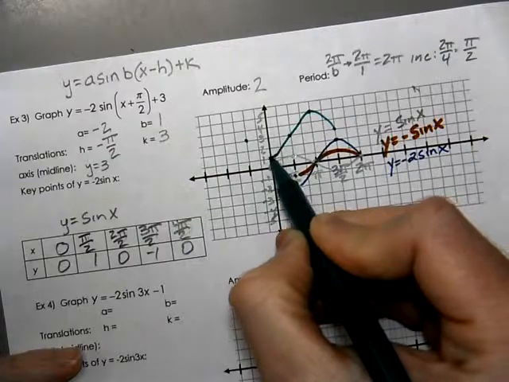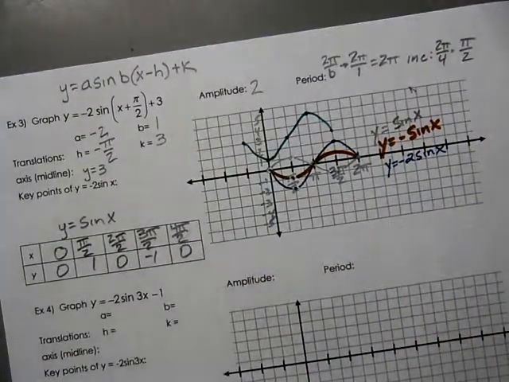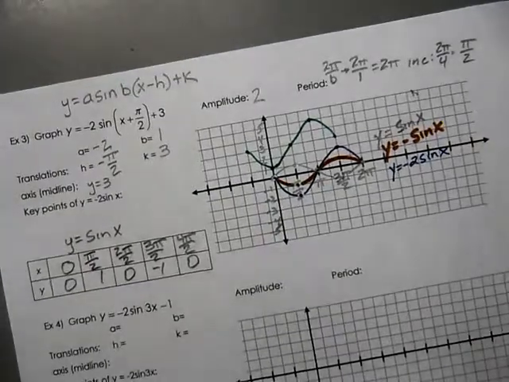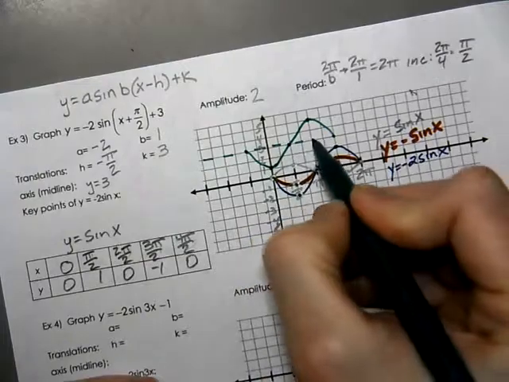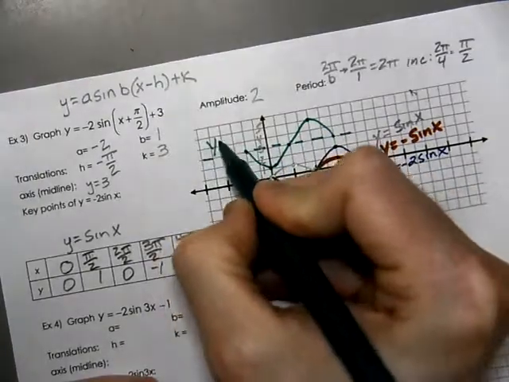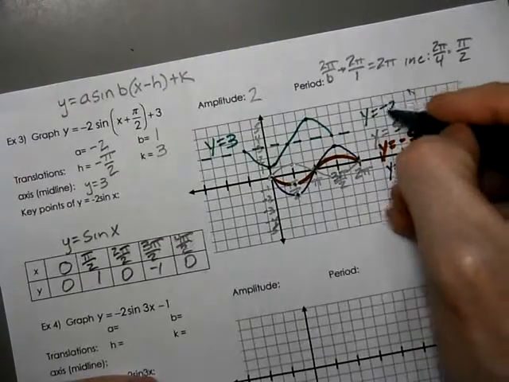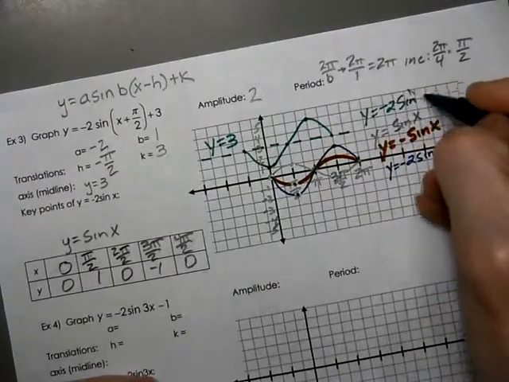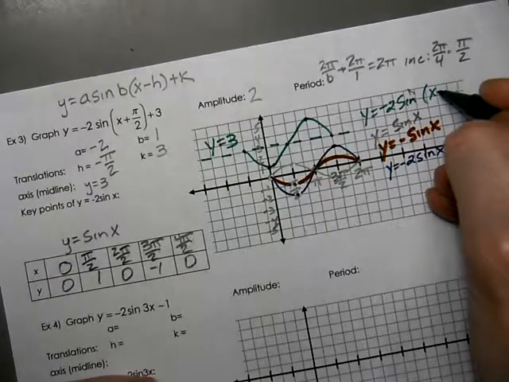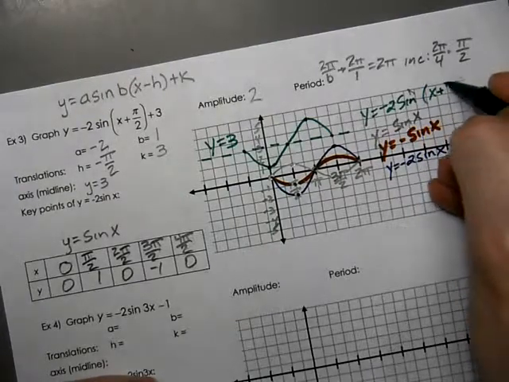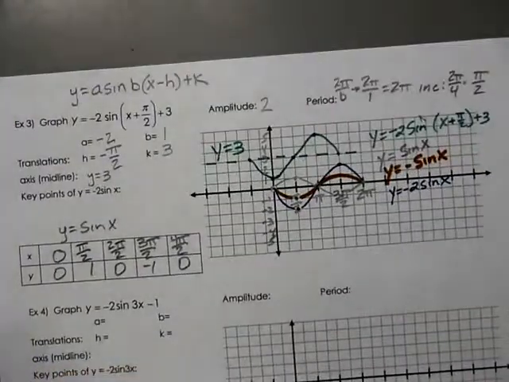Try to really curve your graph through those so it doesn't look like V shapes. We have our midline that you want to be sure to draw through here, y equals 3. And our equation is negative 2 sine parenthesis x minus, it's actually a plus, pi over 2, plus 3.